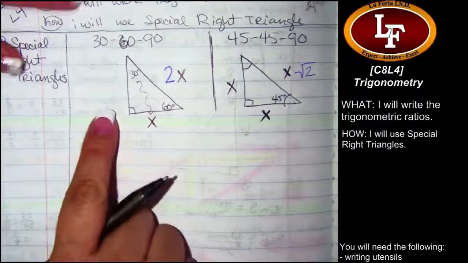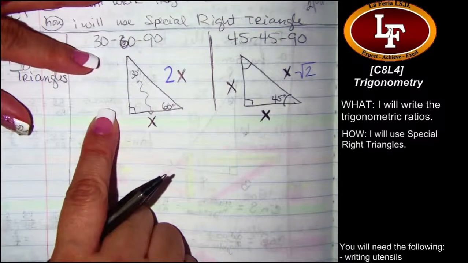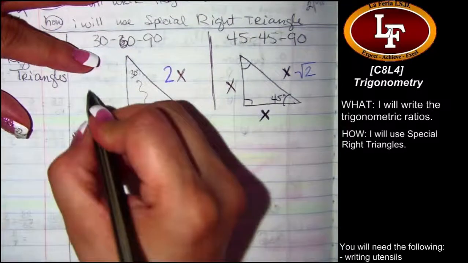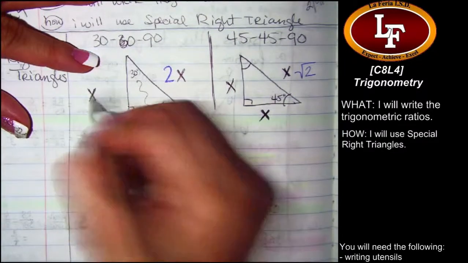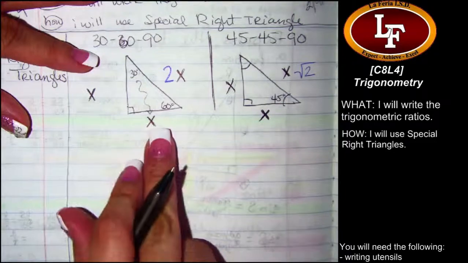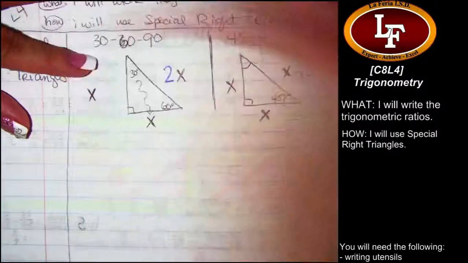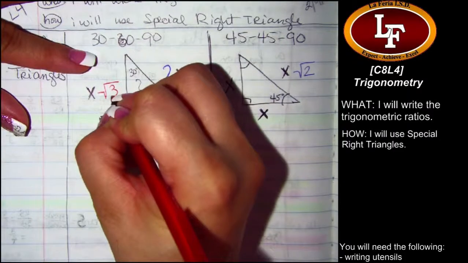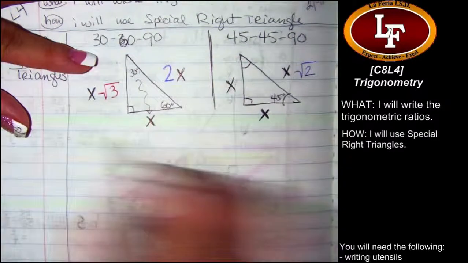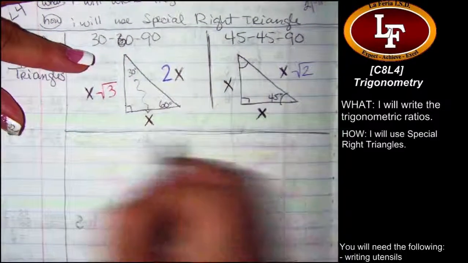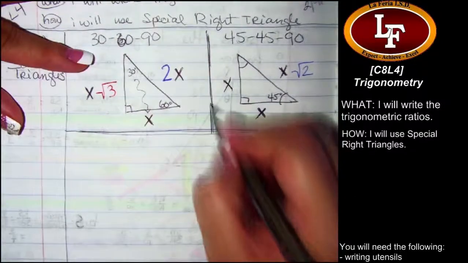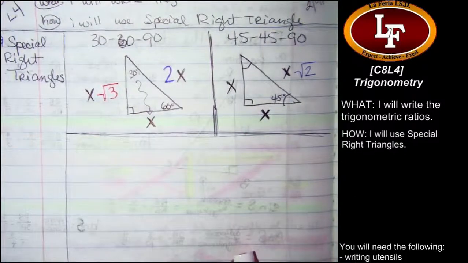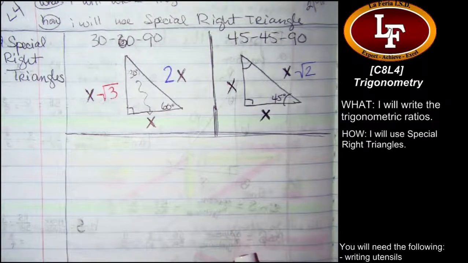This leaves the other side, the medium one, the one across from the 60, to be this number here, the shortest side across from the 30, times the square root of 3. This is the pattern that we're going to be using today. Hopefully giving you a little more practice and a little bit more insight finding the sides of those values.